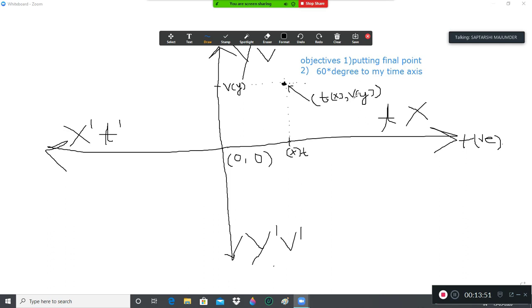This is the point that we are considering on a plane, where the abscissa is nothing but time and the coordinate is nothing but velocity.